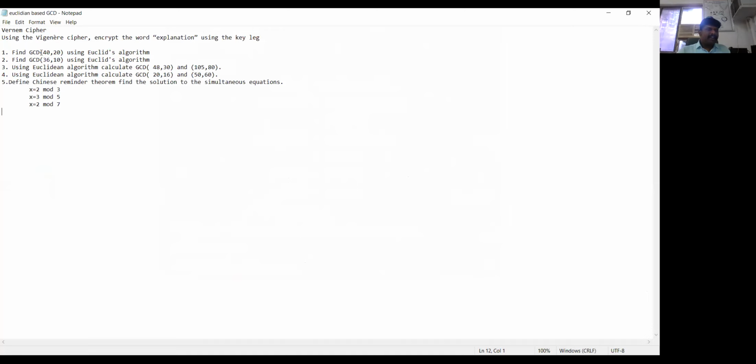Now, try to find the GCD of 40 and 20 using the Euclid algorithm. This is what you are supposed to do now. Do the calculation, tell me the answer.